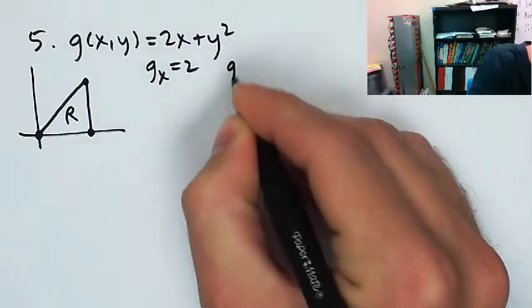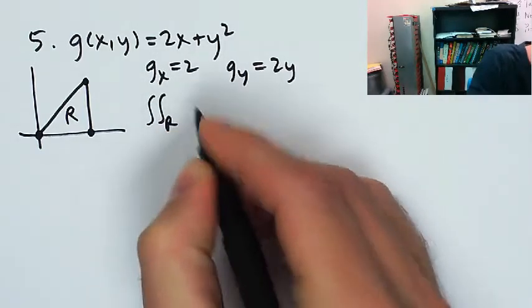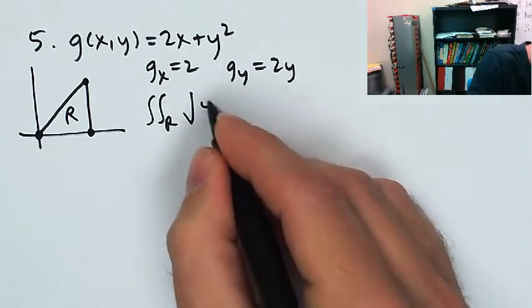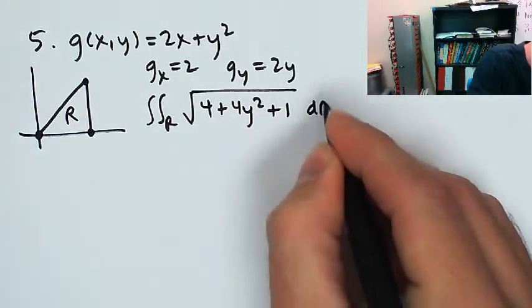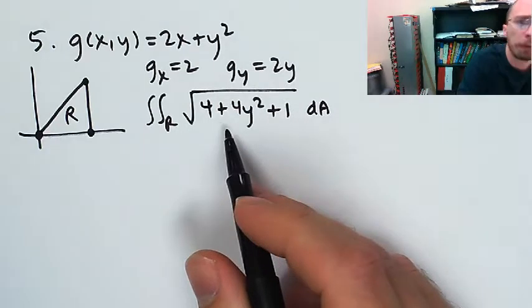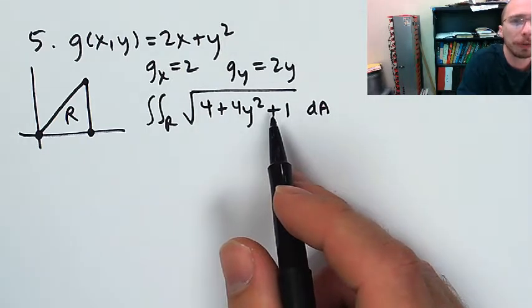All right, so gx is 2, gy is 2y. So I'm interested in double integrating the square root of 4 plus 4y squared plus 1 dA. 4y squared plus 5, well, yes, we can use the calculator trick.